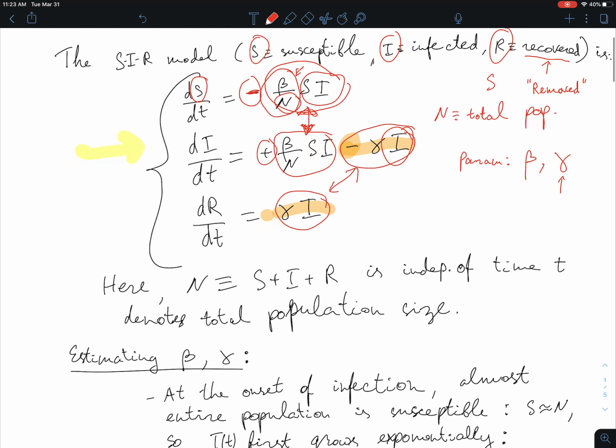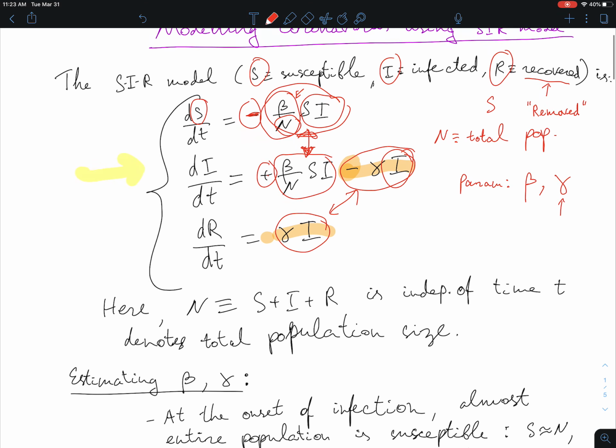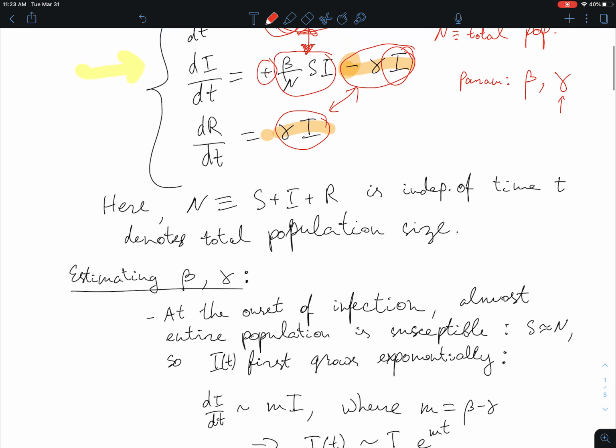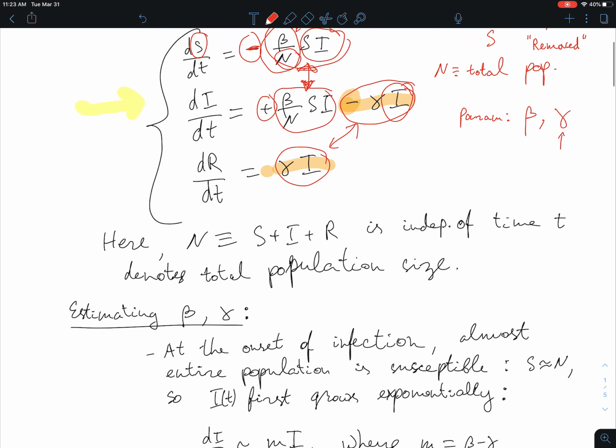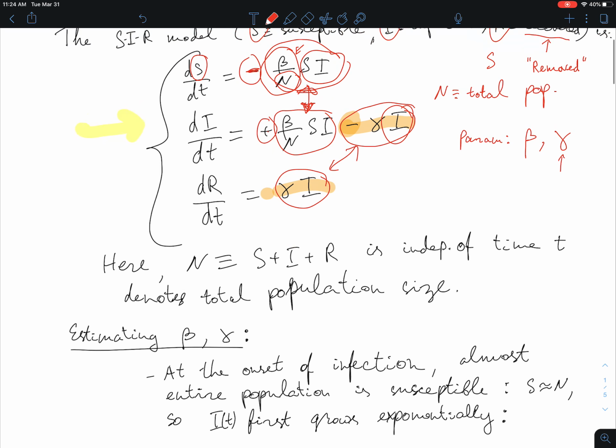And so what we're going to do is the following. Let's look at the onset of the infection. When the infection just starts, as you can see, today is March 31st, we see an exponential growth everywhere of the coronavirus.